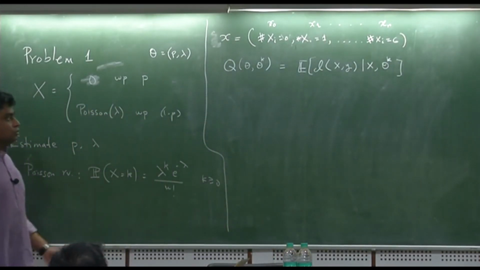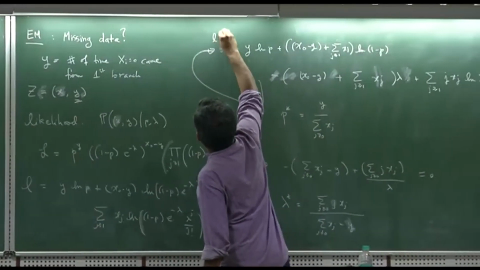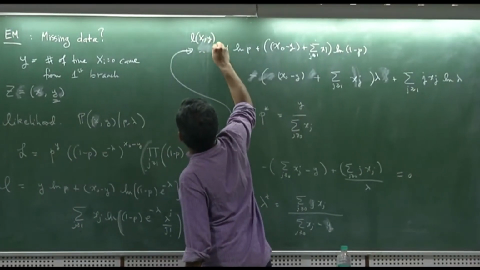I don't know what the missing data is, so I'm just going to take the expectation of that missing data with respect to whatever information that I have. So if I stare at this function, which is basically the log likelihood, so this expression here is L of x and y.